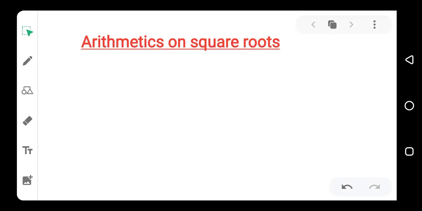In this lesson, we want to learn arithmetics on square roots. We've earlier talked about square roots, and we also talked about perfect squares.